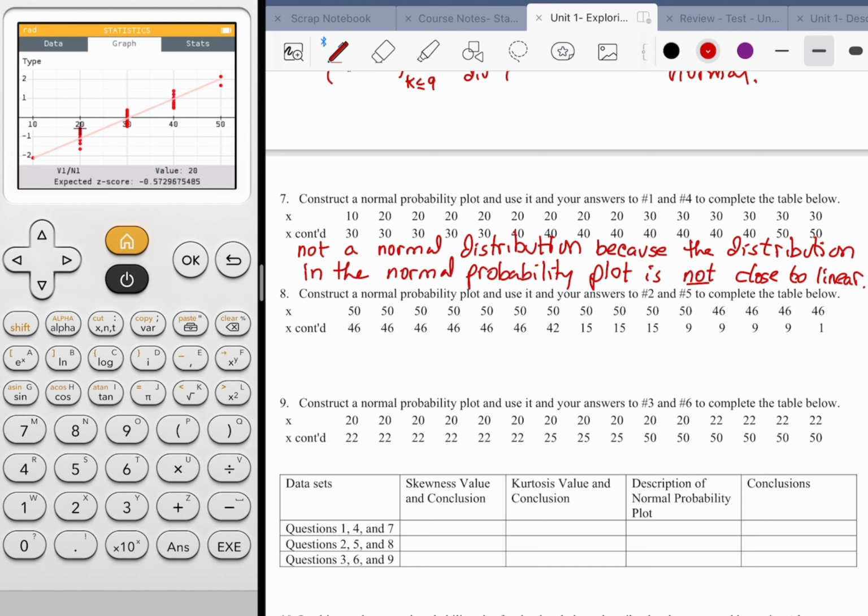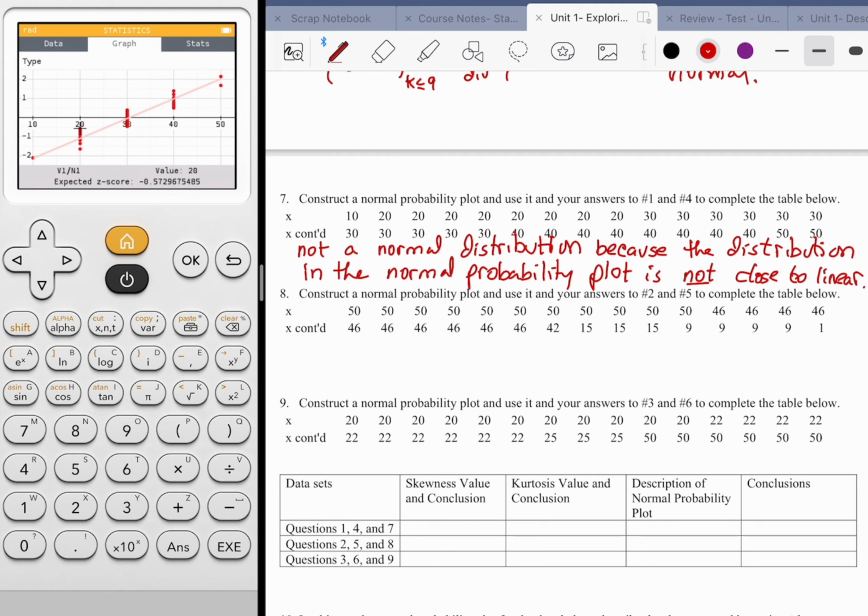Because it's not close to linear in the normal probability plot, it's not a normal distribution, which means I can make no determination as to the skewness or the kurtosis. We want it to be a normal distribution, ideally, because if that's the case, then we could draw the conclusion about the skewness and kurtosis.